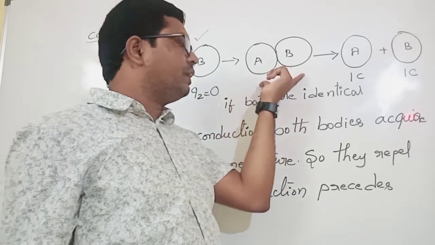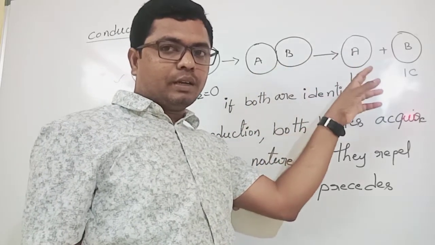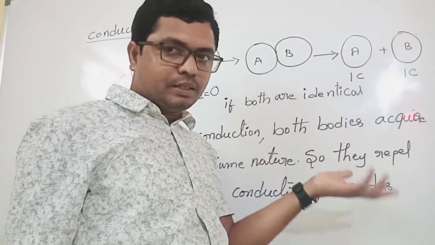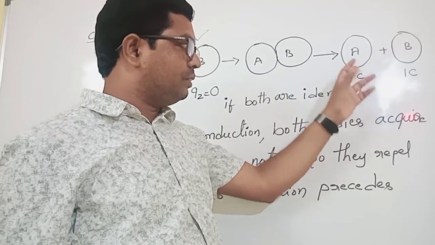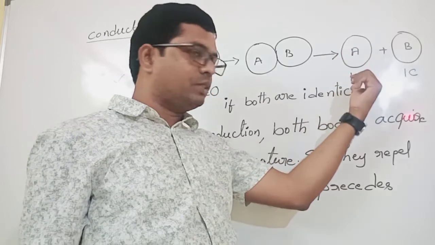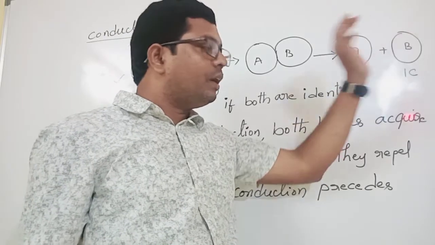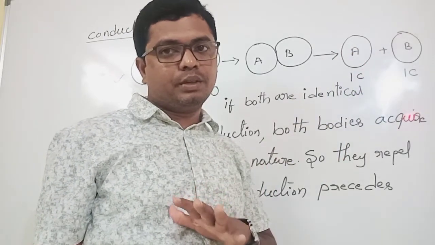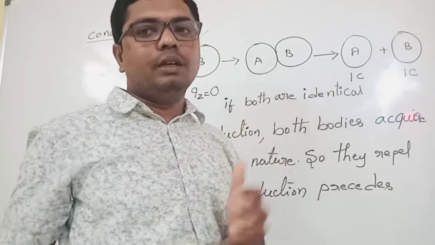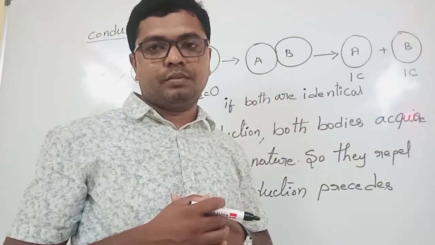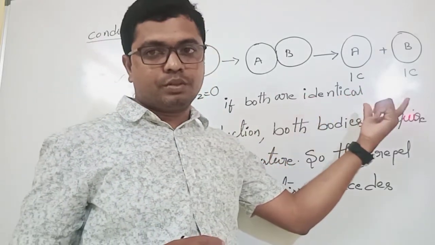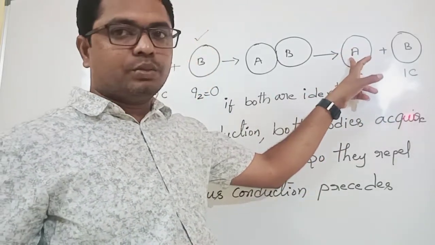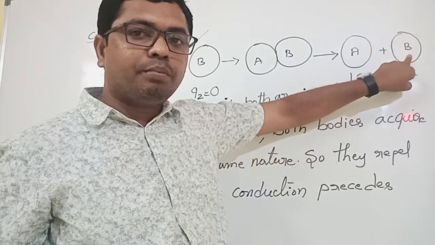After contact, that means after conduction, the charge on sphere A is 1 coulomb and on sphere B is also 1 coulomb, because the charge is distributed equally. If they are identical bodies, it distributes equally. This one has positive charge, and this one also has positive charge.